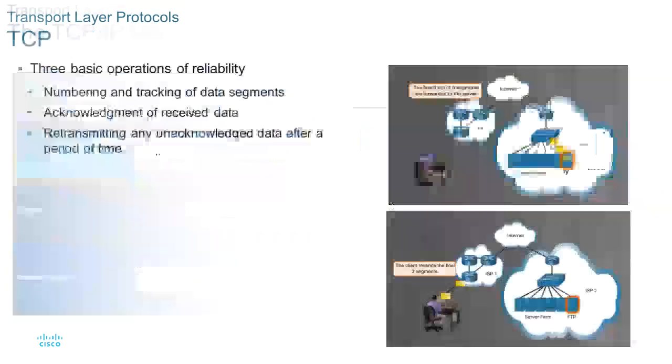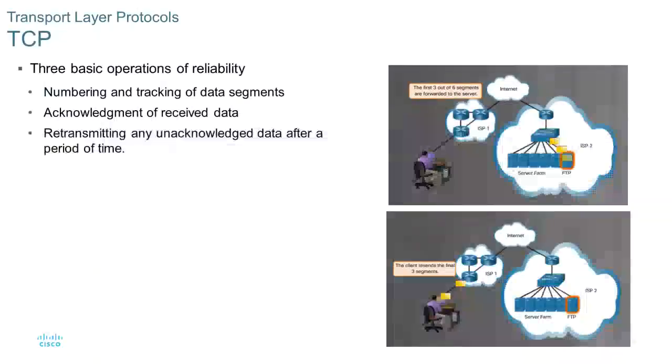So the two protocols that you saw on the last one, TCP and UDP, are the ones that control the conversation. TCP is the big brother of the two. This one has numbering and tracking of the data. When an application sends comms out, it's known as data.